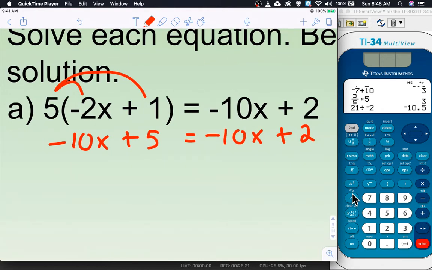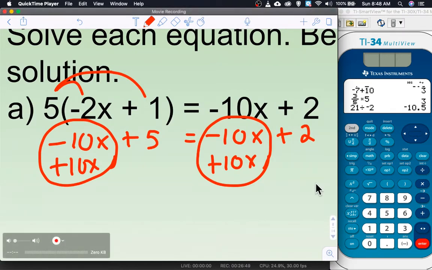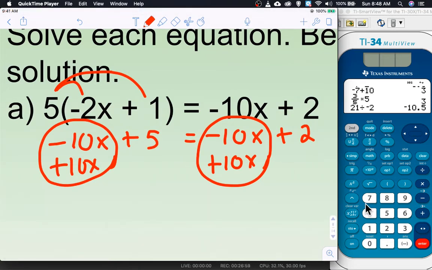Now, you may see that when I add 10x to get rid of my variable on the right, and I add 10x to the left, both of my variables cancel out. I have no more x's left in this problem. This is a 0. Negative 10 plus 10, 0. Negative 10x plus 10x, 0. So I'm not going to put an x down here.